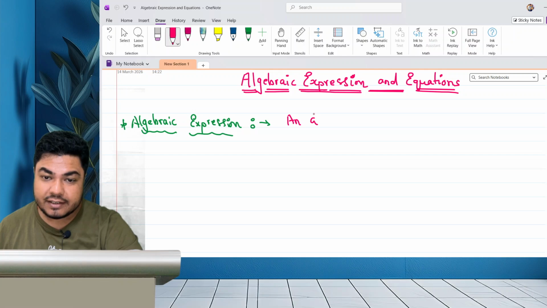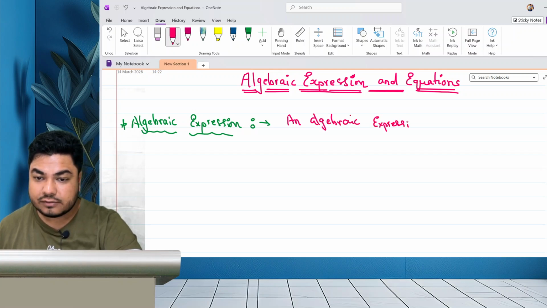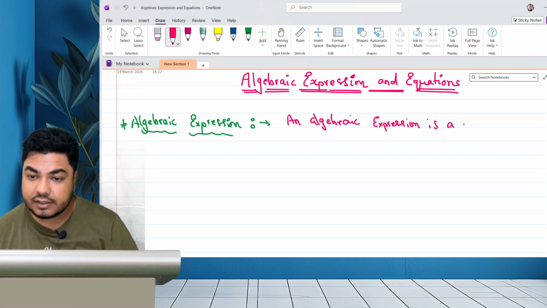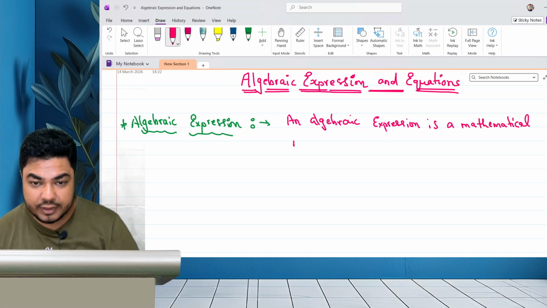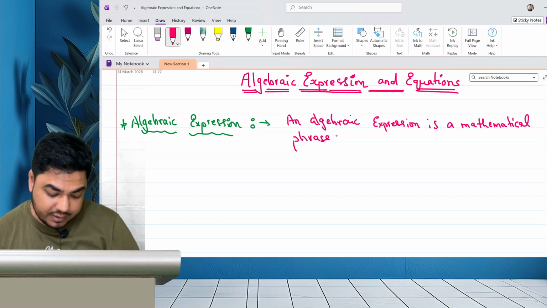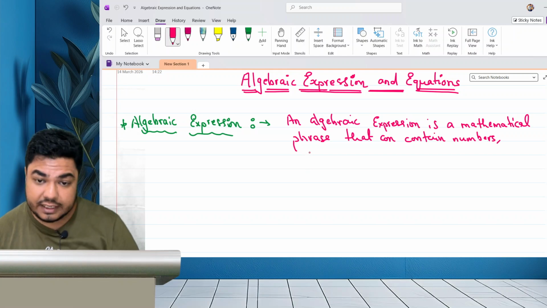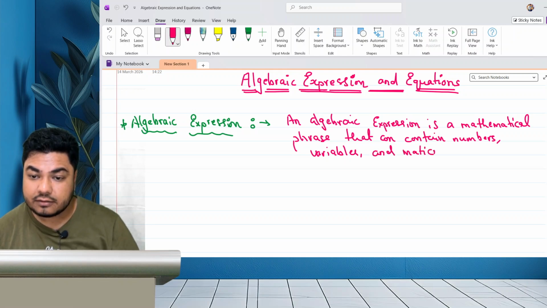So let me just write. An algebraic expression is a mathematical phrase that can contain numbers in it, that can contain variables in it, and that can also contain mathematical operations in it.